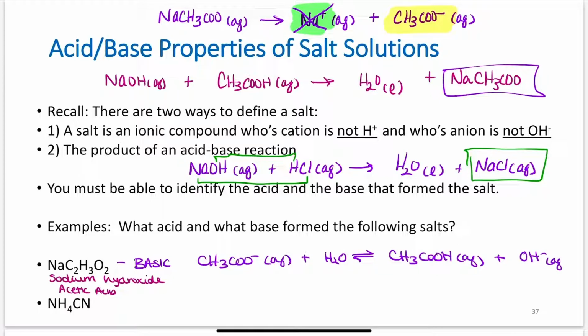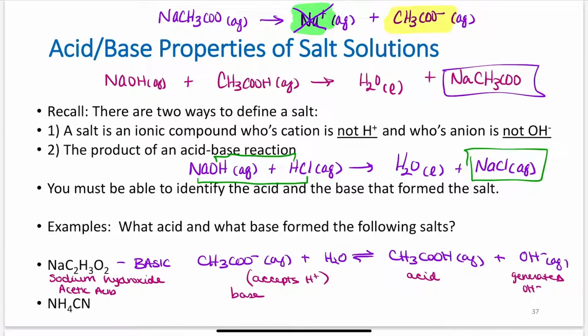Two things happen. One, it accepts a proton, which makes it a base, which makes this the acid. It also generates OH minus in solution, which is the Arrhenius definition of a base. I know that went a little bit beyond what this slide specifically asks, but we need to be able to identify how this is going to behave in solution.